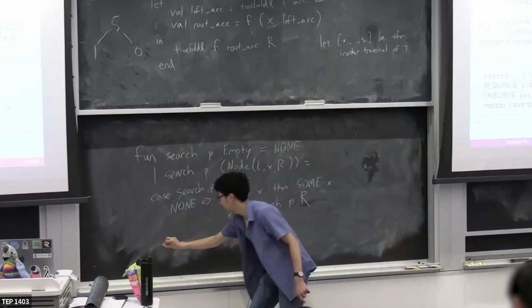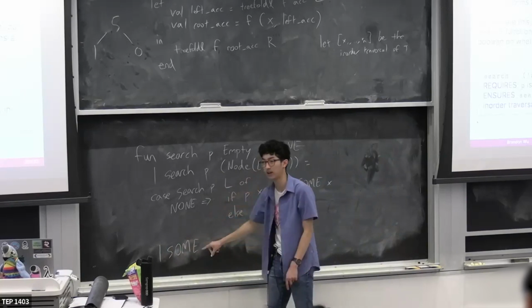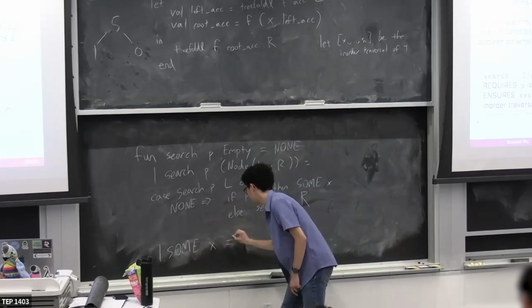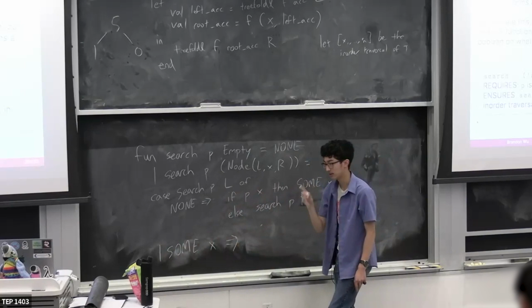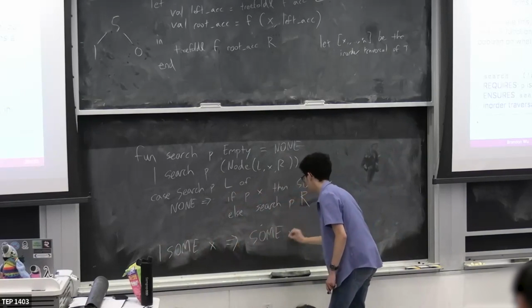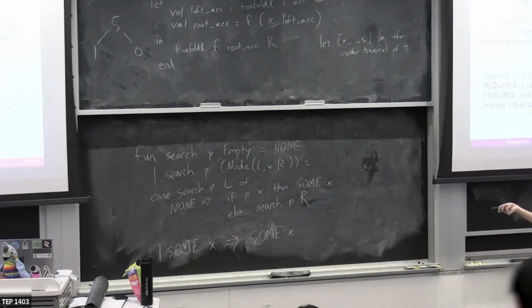What happens if I get Some from my recursive call? I know this is going to be hard to see, but I'll say it out loud. Just return it. So if I get Some X, I'm going to return Some of X, not X, because that would make it not type check. Well, actually, it might type check. It would just be too constrained of a type. Okay? This is search on an arbitrary binary tree.